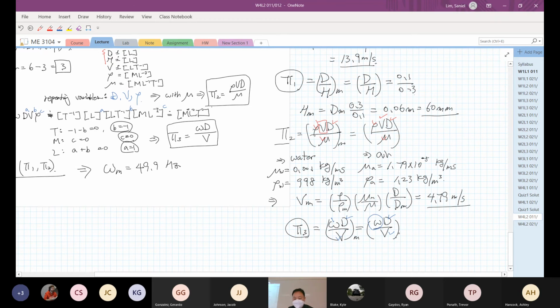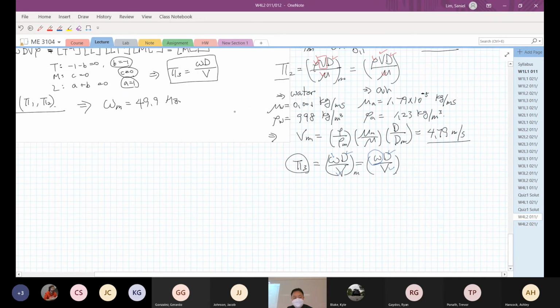So we can just find the predicted results for the prototype. Omega is going to be dm over d, v over vm, then omega m. So you can figure out it's 29 hertz.